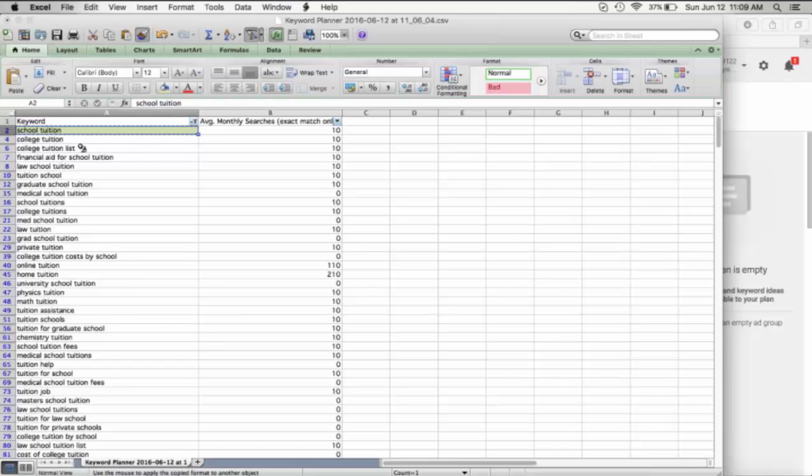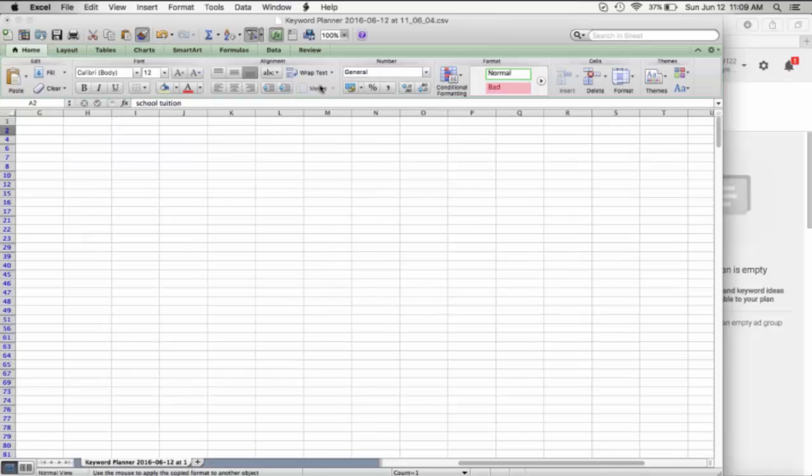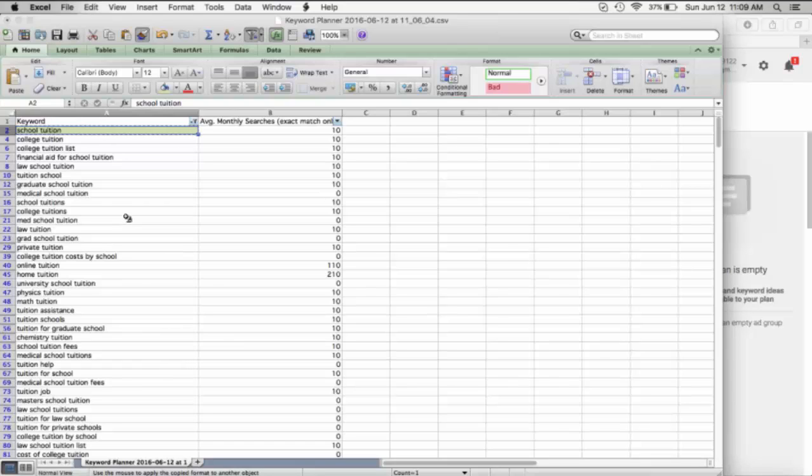Then college tuition, nope. College tuition list, nope. Financial aid for school tuition, nope. So how about this keyword, financial aid for school tuition? Okay, so Rikin, could you help us understand why we're not picking financial aid for school tuition?